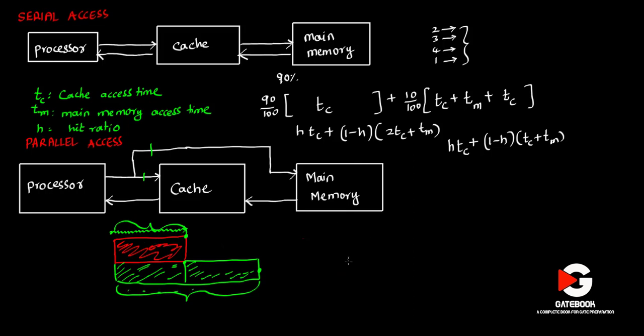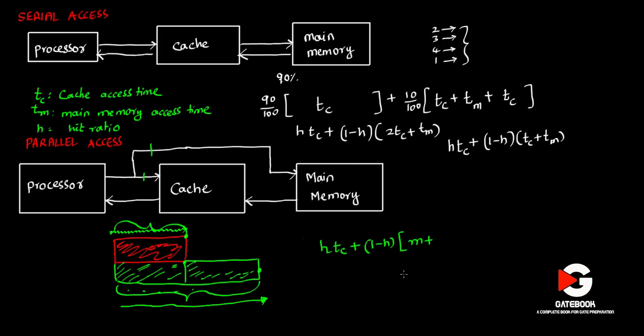Now let us look at the average access time formula. Here it would be H into Tc, because when there is a cache hit we simply access the cache. Plus, when there is a miss, you should know the story of what is exactly happening. First we go to the memory in this period, access it, and transfer that data to the cache, so that takes Tm units of time.